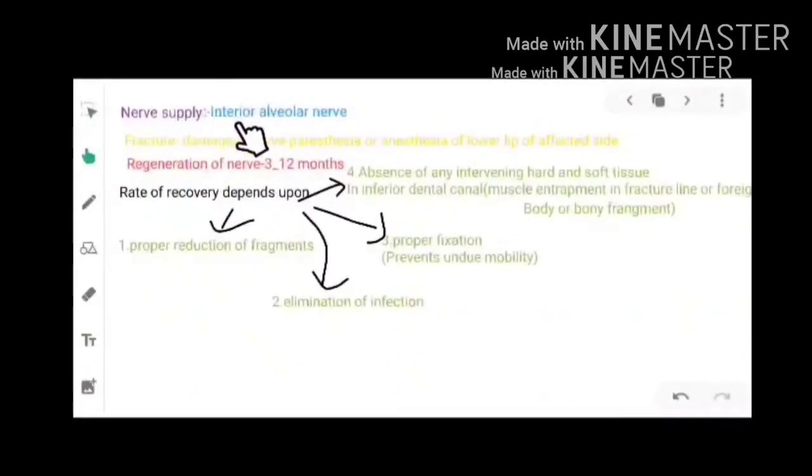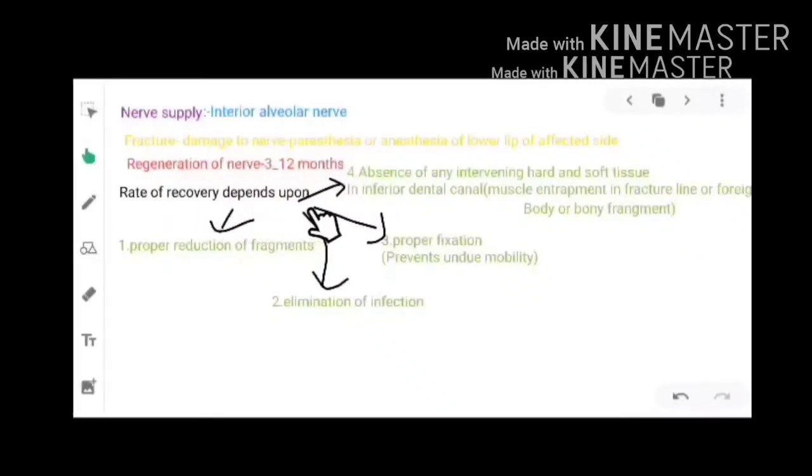Nerve supply. The inferior alveolar nerve supplies the mandible, and when fracture occurs, if damage to the nerve occurs, then anesthesia and paresthesia of the lower lip of the affected side happens. Eventually these nerves regenerate, and it takes approximately 3 to 12 months.